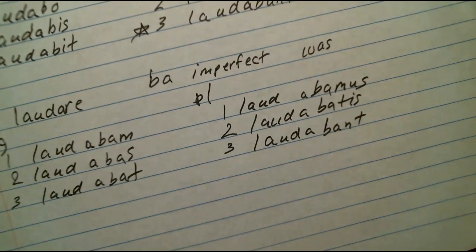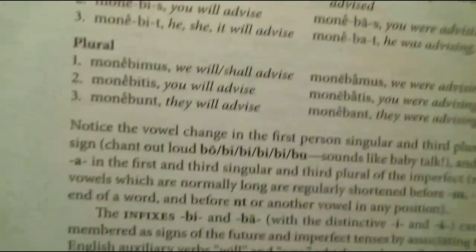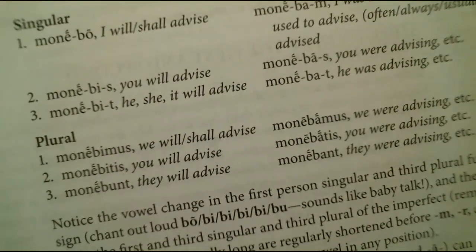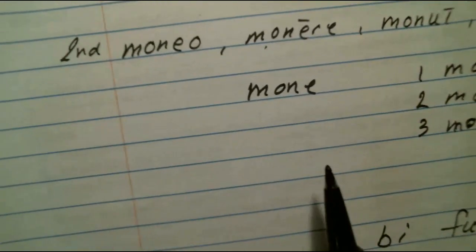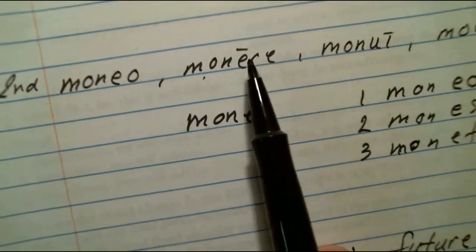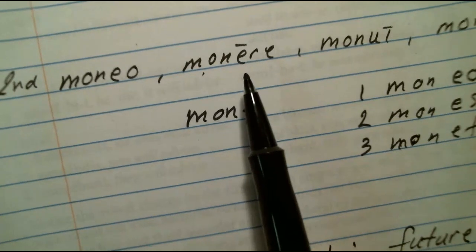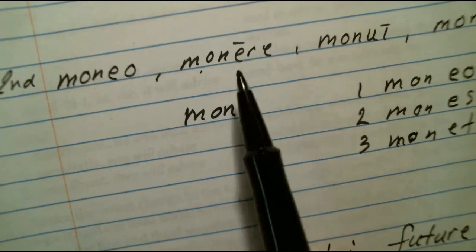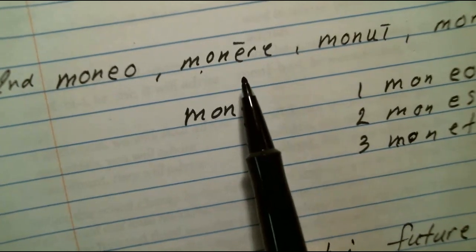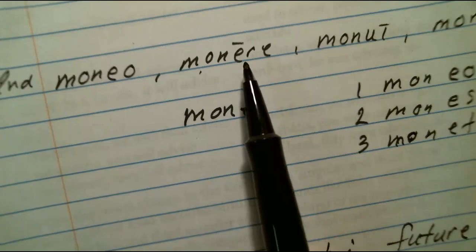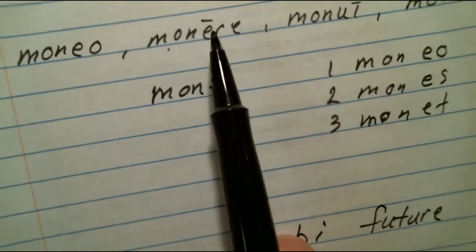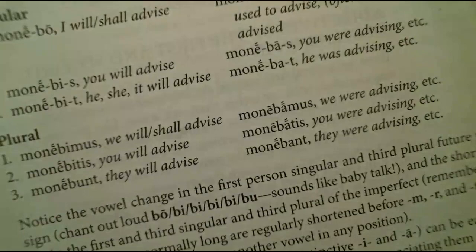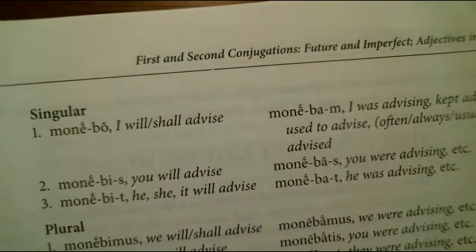This is pretty easy. Let's flip the page to page 41. And I'm not going to write this out for you again, but the second conjugation, remember, moneo, monere, with that long mark over that e to tell us it's second conjugation and not the third, which we have yet to learn. All right, monere, second conjugation. That theme vowel there, the e, is going to stay present throughout. Okay? So in the future, let's do the future first.